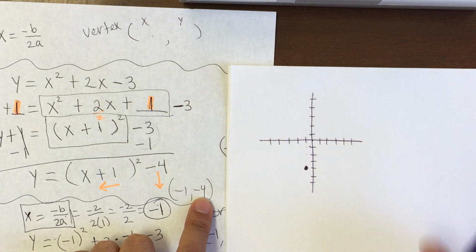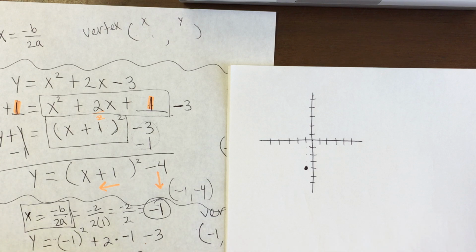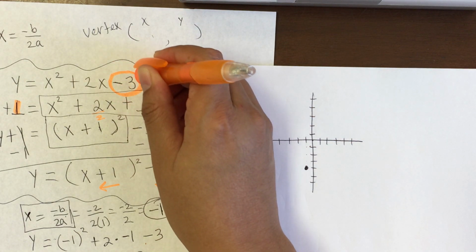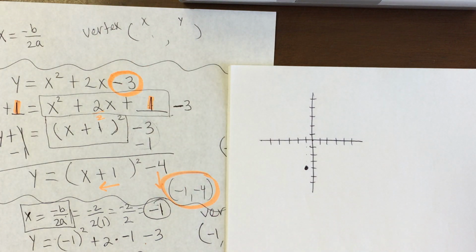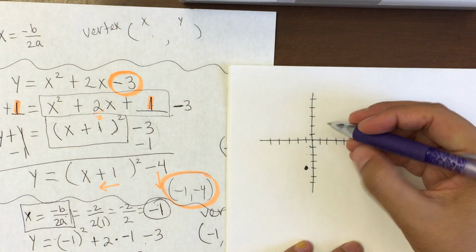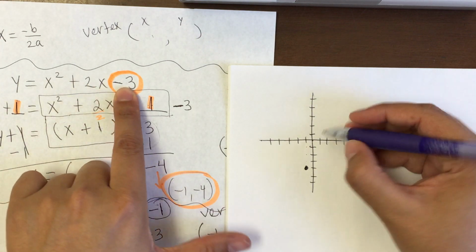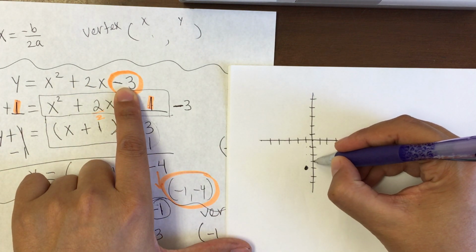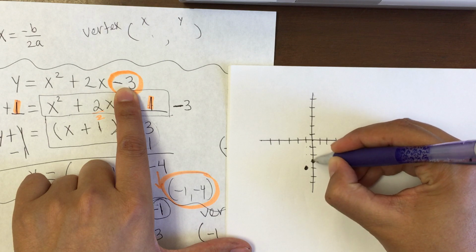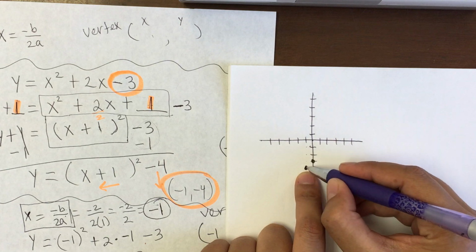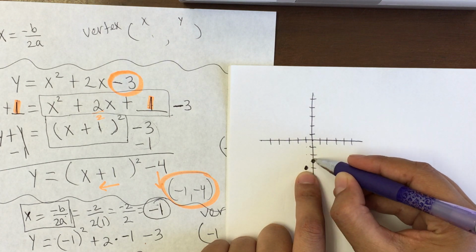Another piece of information that I can look at is the y-intercept, which is -3. The y-intercept is always the last number, so it's going to be -1, -2, -3. It's right there, okay? And because the vertex is where it opens from, that means it's going to open up.